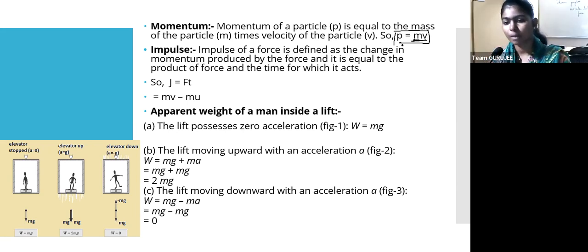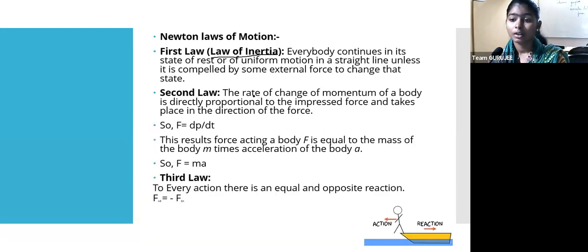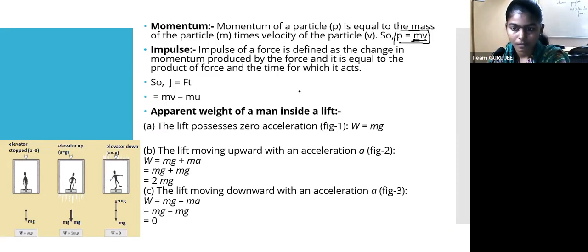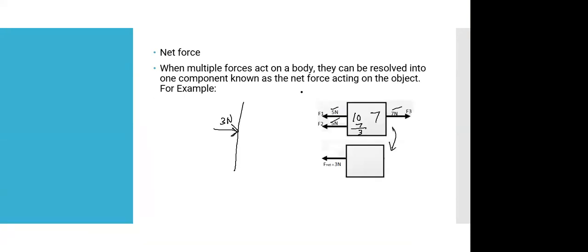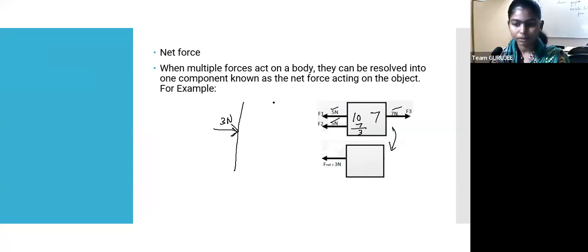Okay, we'll now see your second law, the rate of change of momentum of a body. Rate of change of momentum means what? What will you do for a rate of change of? Anything coming to your mind?